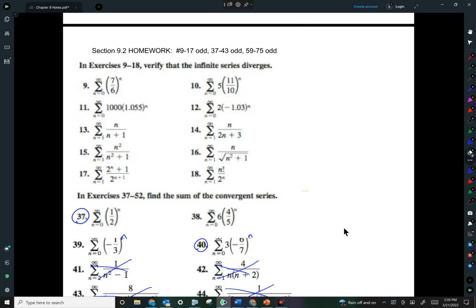Wouldn't I have infinity over infinity? So what's the derivative of the top? What's the derivative of the bottom? Does that simplify? 2 to the n over 2 to the n plus 1? 2 times 2 to the n.